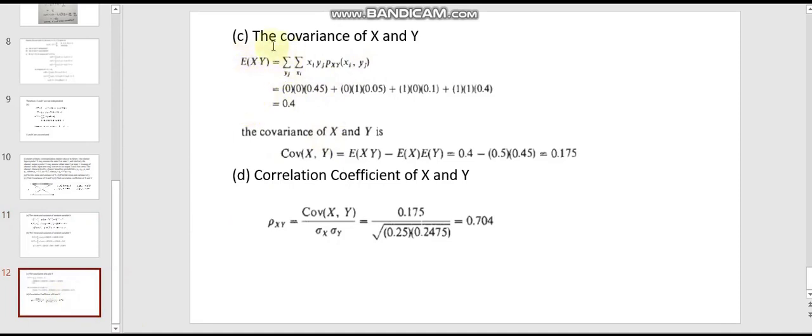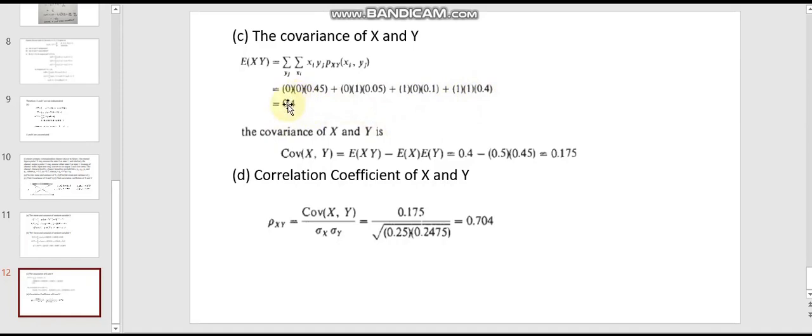Next, the covariance of x and y. First we have to find the joint expected value of xy. When x is equal to 0 and y is equal to 0, the probability was 0.45. When x is equal to 0 and y is 1, the joint probability was 0.05. Their product will be 0. When x was 1 and y was 0, their joint probability was 0.1. This term will be eliminated. When x and y both were equal to 1, their joint probability was 0.4.